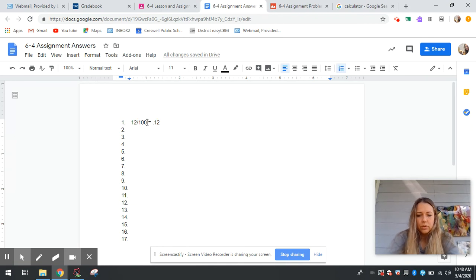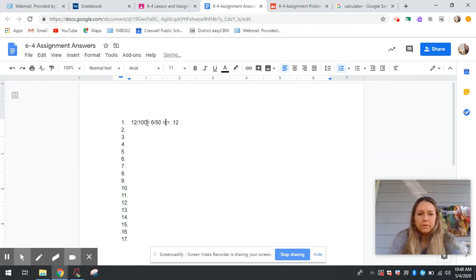If that's all you can do, then just do that. But if you want to reduce, which you should, like the instructions say to do, then you can apply your understanding of divisibility rules that we've gone over and over and over. 12 and 100 are both even, so I can divide them both by 2. 12 divided by 2 is 6. 100 divided by 2 is 50.